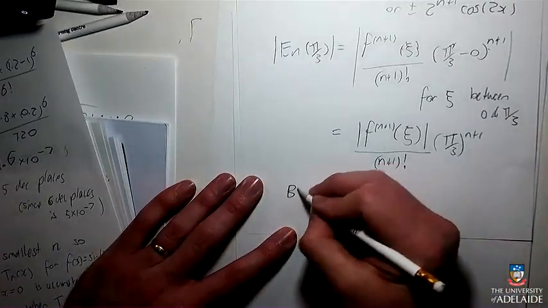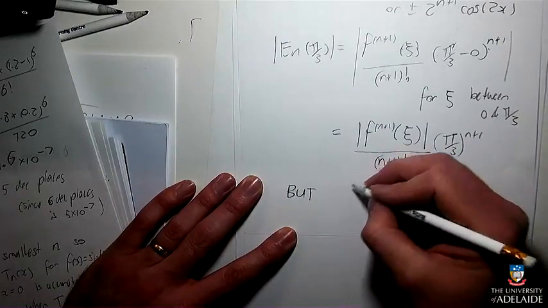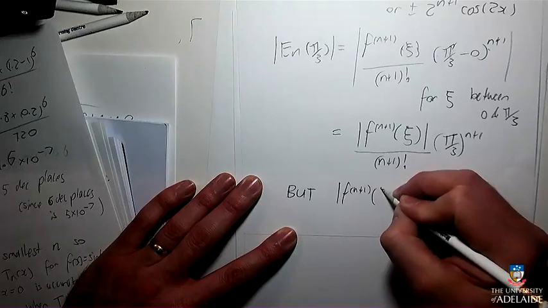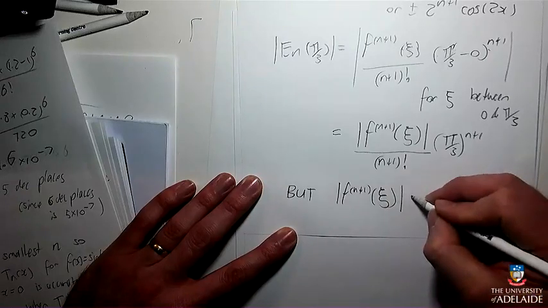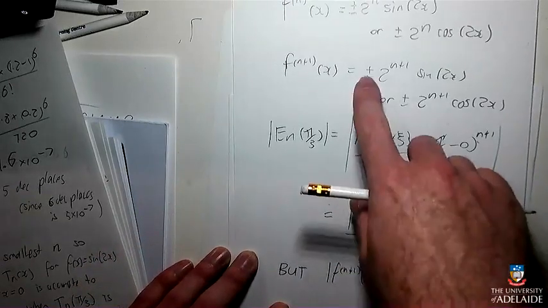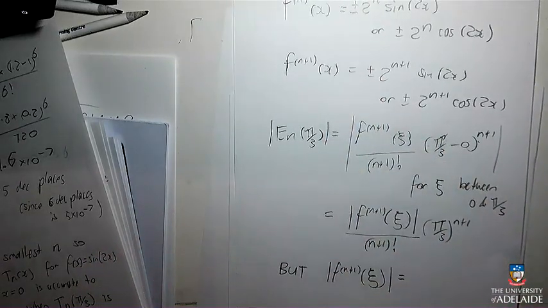But the absolute value of f n plus 1 psi is either going to be, well, it's one of these things, and the plus or minus is going to go away when I do the absolute value. I don't need the minus anymore if I've done the absolute value.